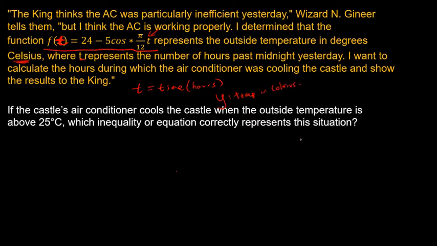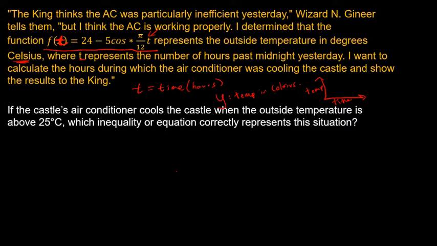If I was looking at a graph, my y-axis would be my temperature and my x-axis would be my time. I know it's a little weird because it was written f of x, but we really have the variable t here. Try to hang with me on that. Time is going to be represented on our x-axis, temperature on our y-axis.